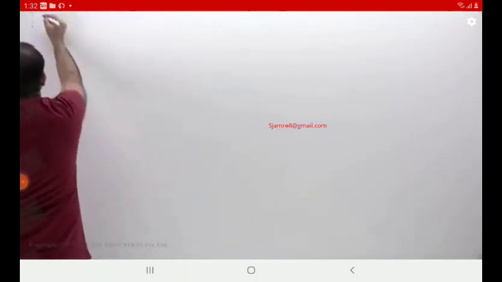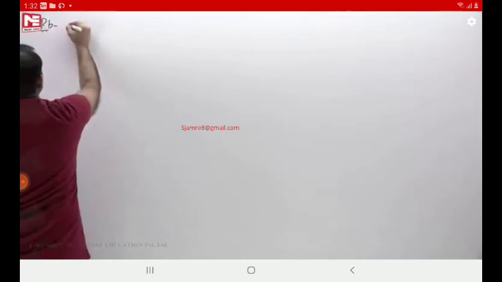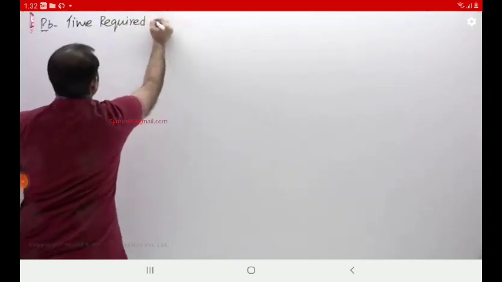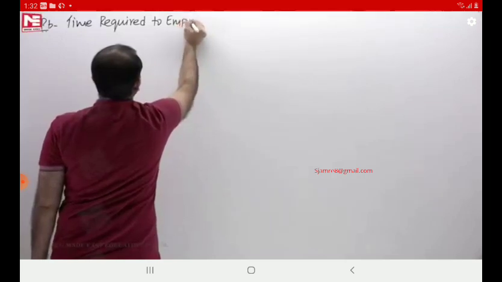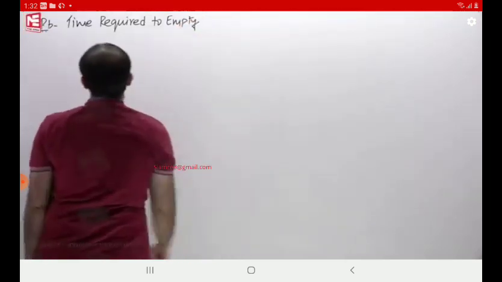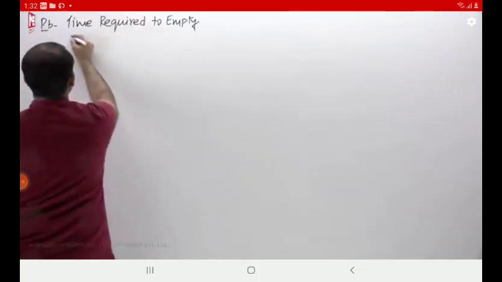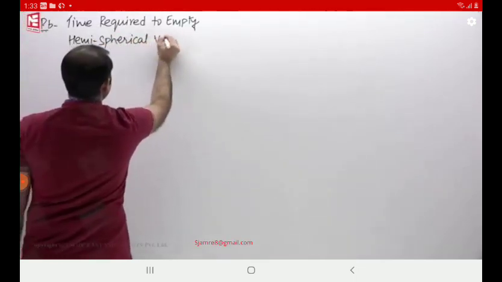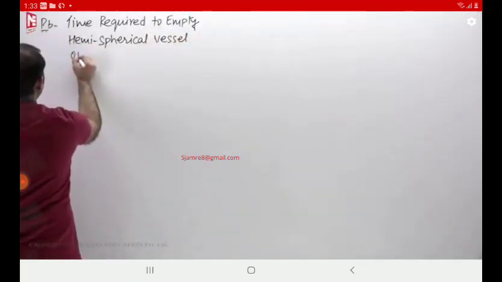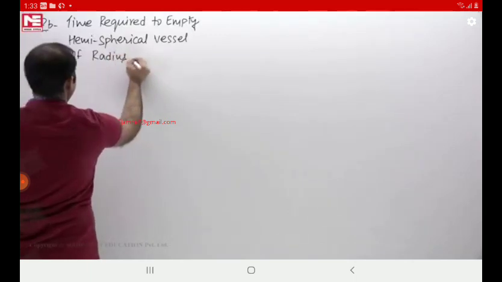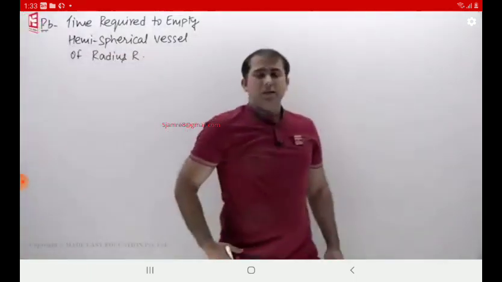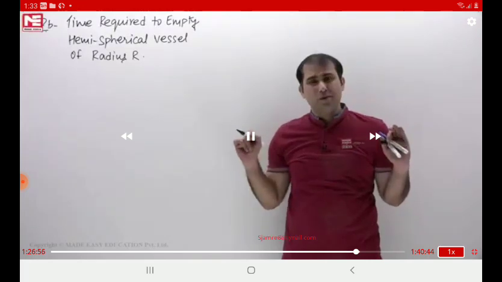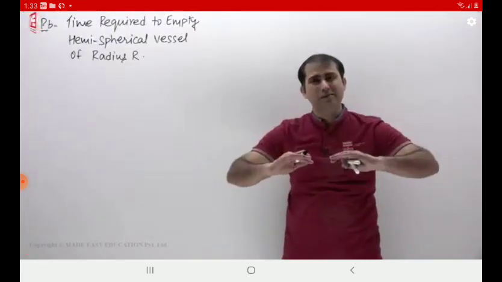So this is time required to empty a hemispherical vessel of radius r. मैंने पहले बोला है कि if you are going to solve this problem, आपकी कई problems lower level के वैसे ही हो जाएंगे.